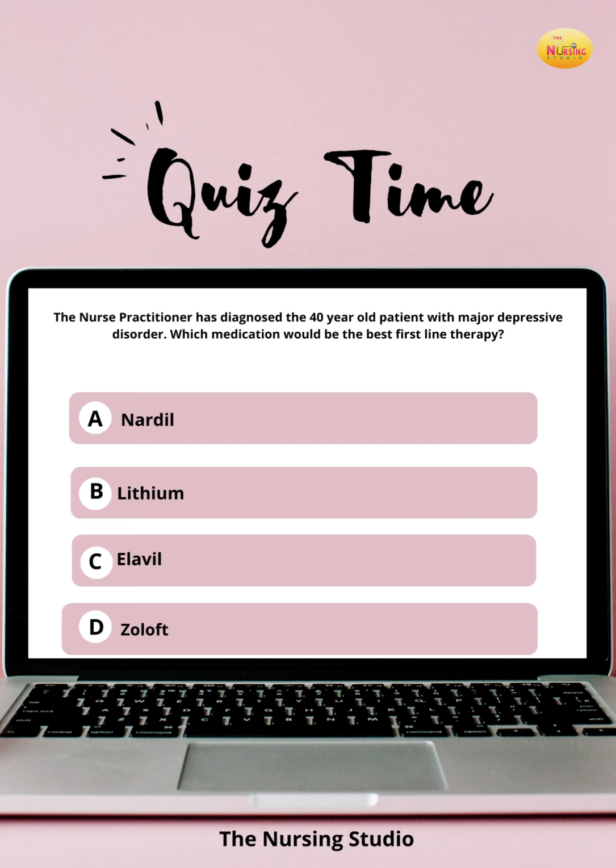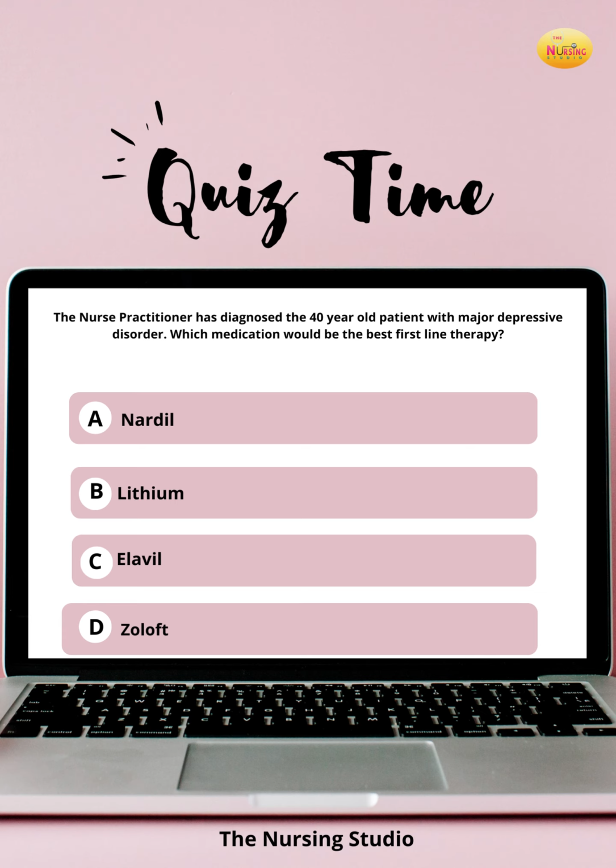What medication would be the best first line therapy? And we are talking major depressive disorder. You need to know your medications as well as those drug classes. It's common that if they just give you the med name, you need to be familiar with which one. Would it be A, Nardil? No, although that is a treatment option. MAOIs are not your first line therapy, but you can utilize those.